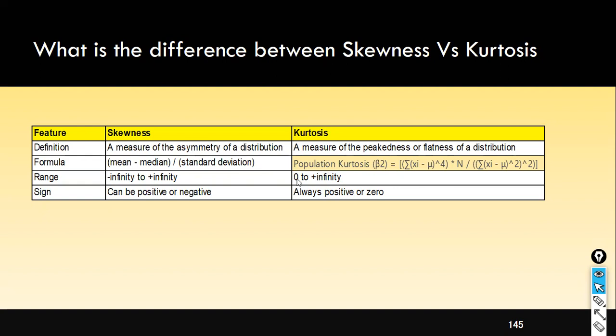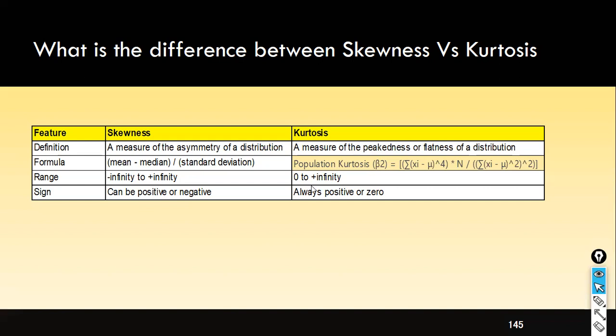The kurtosis value ranges from 0 to infinity, whereas skewness ranges from minus infinity to plus infinity. If the skewness value is negative, that is left skewed data. If positive, it is right skewed data. If the skewness value is 0, then it is symmetric.